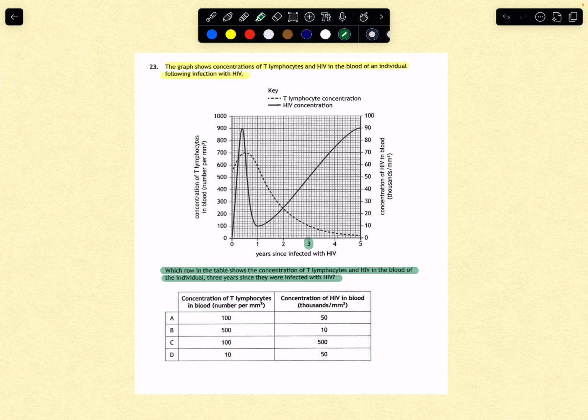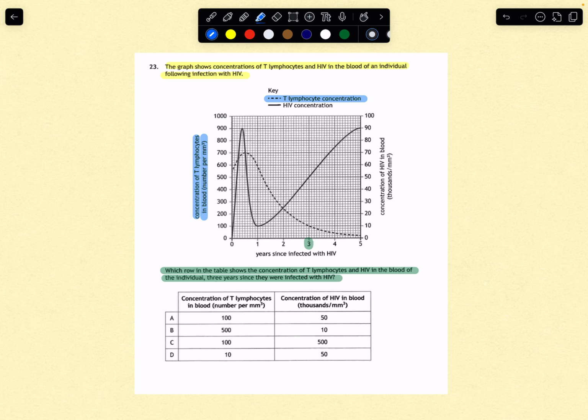Now, what we're going to do next is go to the key, and I'm going to take another highlighter for the key, and for the left hand side of the graph I'm going to highlight T lymphocyte concentration, which is here, concentration of T lymphocytes in blood number per millimeters cubed.